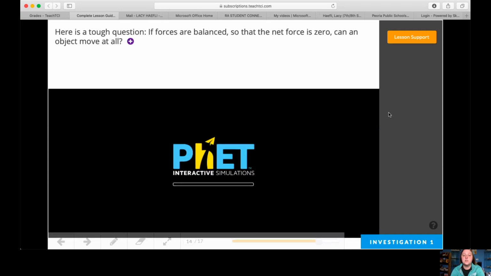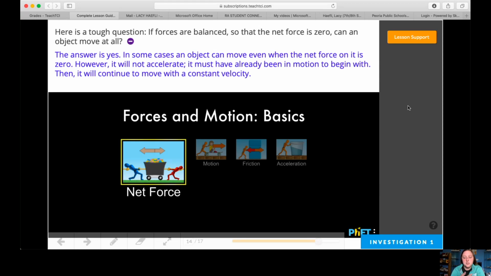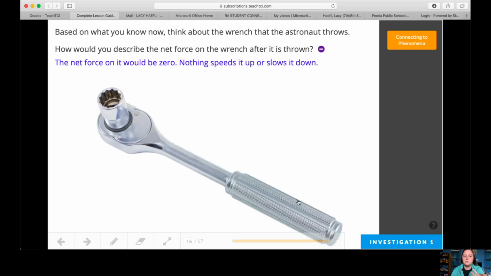Okay, so net force, even though it is balanced, can an object move at all? In some cases, yes. And so the wrench is an example of that. So as long as it's not changing in its velocity, then it will continue to have a net force of 0. So it can be in motion, like the wrench being thrown in space, but nothing is speeding it up or slowing it down.